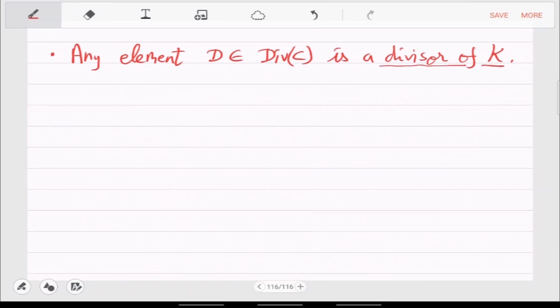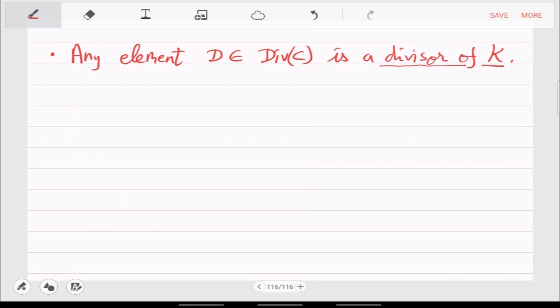Any element in Div C is called a divisor. In fact, you should think of Div C as the set of divisors of the curve, and the points pi's as prime numbers. So a divisor is nothing but a product of primes.